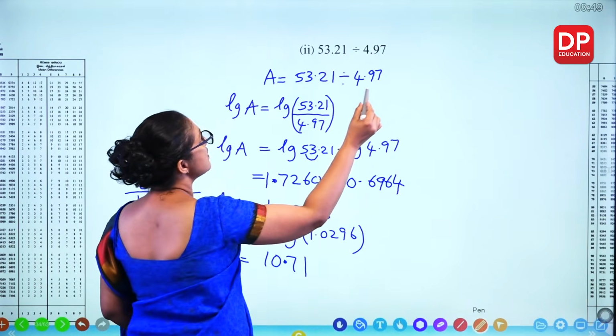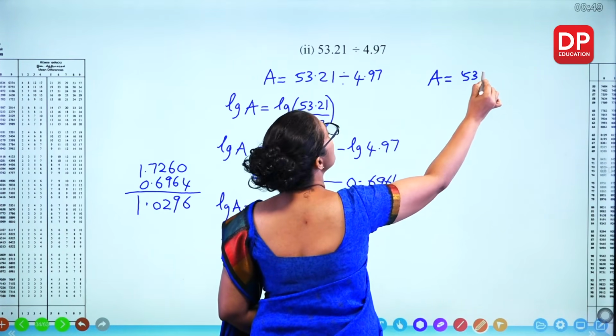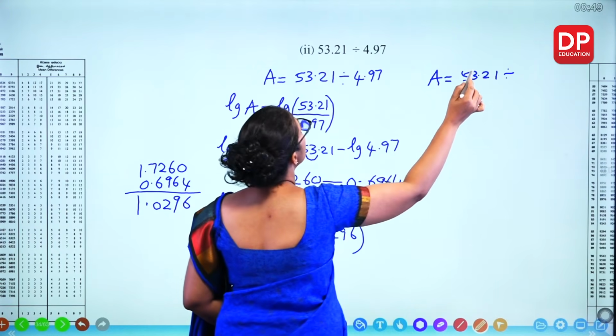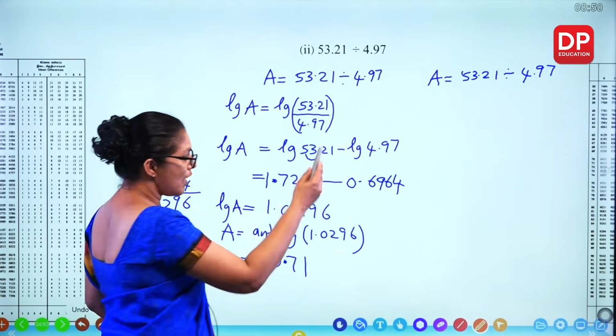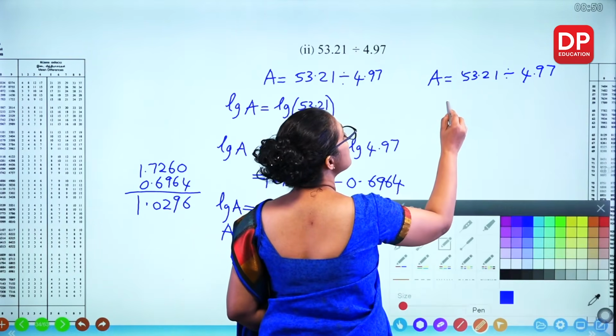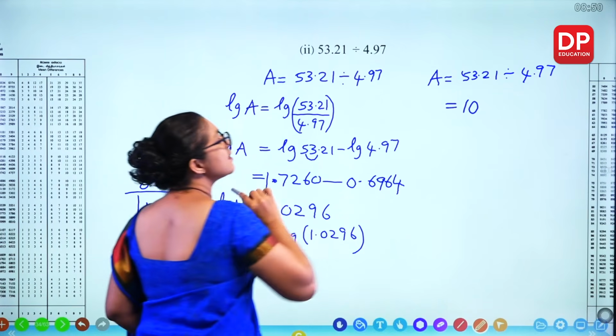Now we'll look at how we can use index notation to do that. So I can write the same thing here, 53.21 divided by 4.97. Now we'll try to write this in base 10.